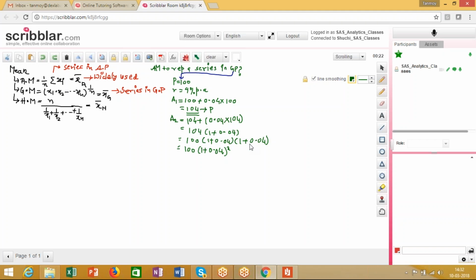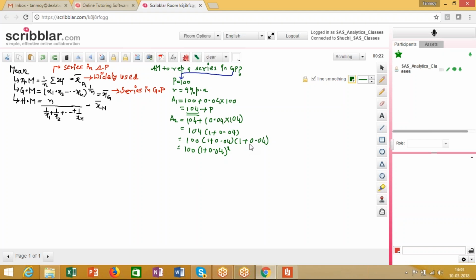Therefore, this amount is increasing proportionately. This growth is called a geometric growth, and all these observations, 100, 104, then 104 into 1 plus 0.04, are said to be in a geometric progression.